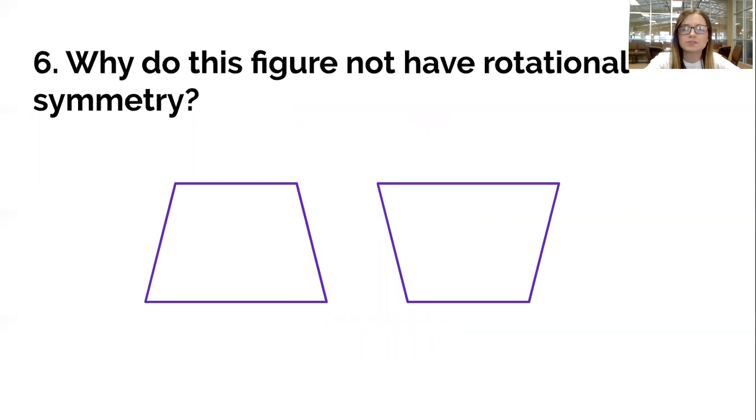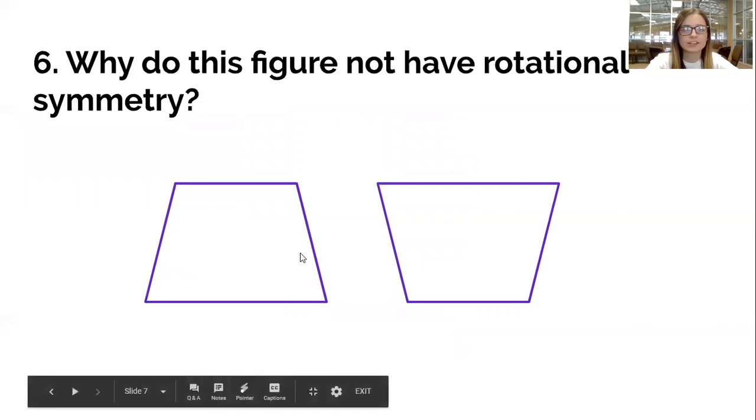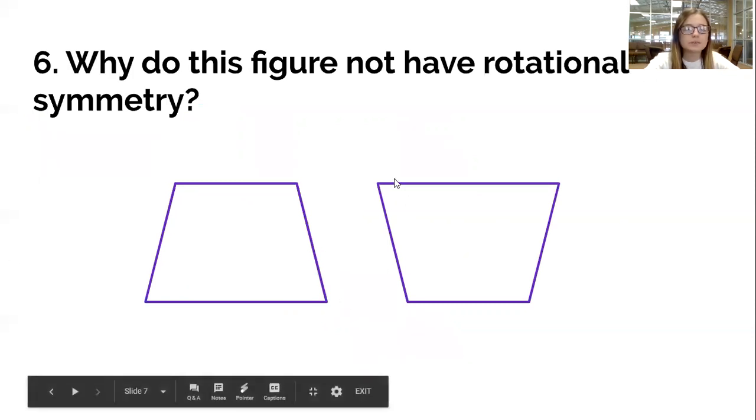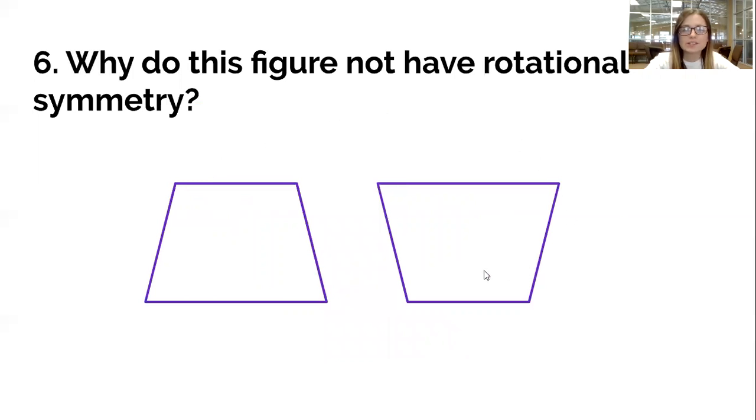So why does this figure not have rotational symmetry, this figure right here? Rotational symmetry, as I said earlier, is when a figure can be rotated 180 degrees and look exactly the same. So as you see, we rotated this figure right here 180 degrees, and it looks like this.